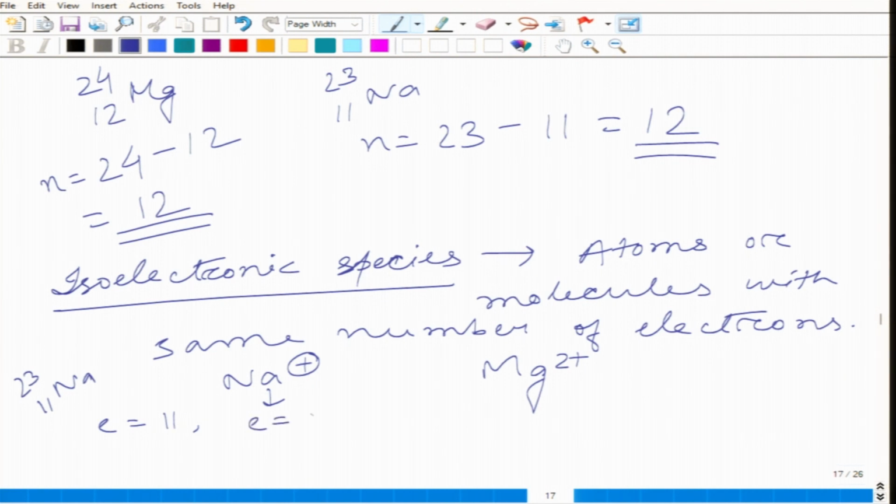So, now the number of electron becomes 10, and for magnesium it initially had an atomic number of 12. Now it becomes 12 minus 2 electrons. So, it is also 10. So, they are isoelectronic species.